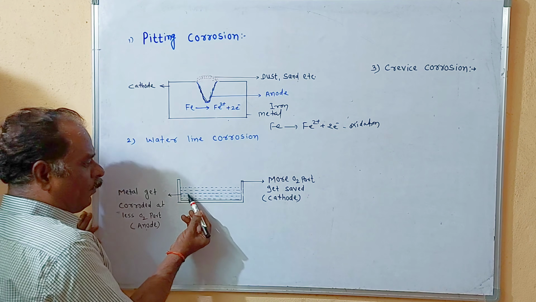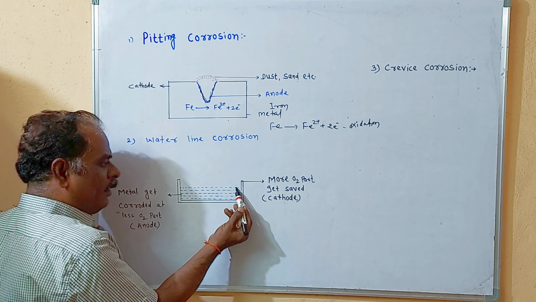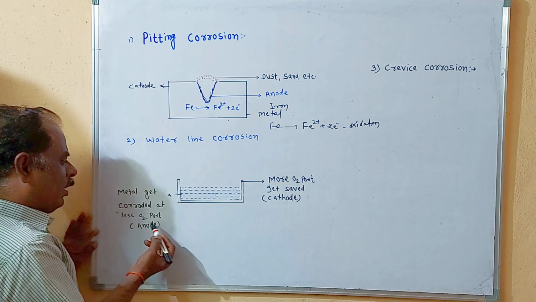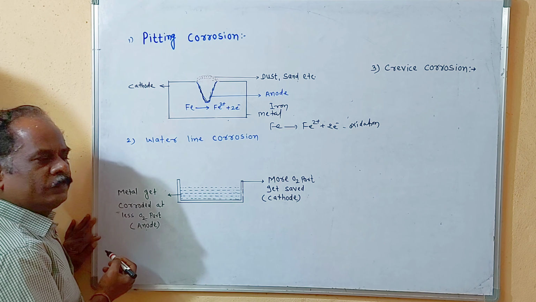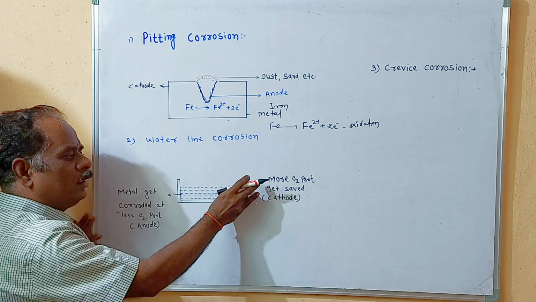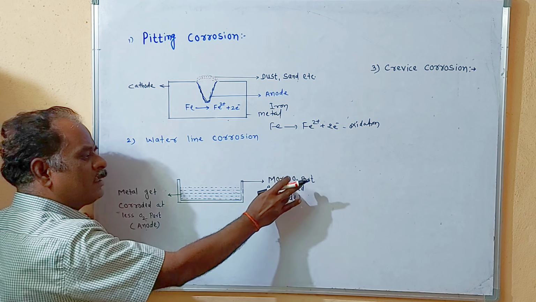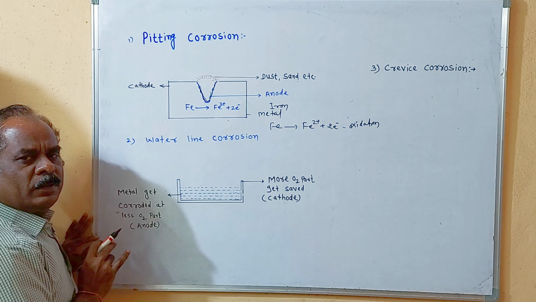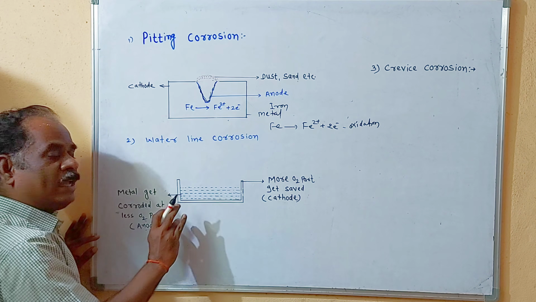The part of the iron pipe or tank under the waterline is in contact with less oxygen, and the part which is not in contact with the water is in contact with excess oxygen. Therefore, the concentration of oxygen is not the same.